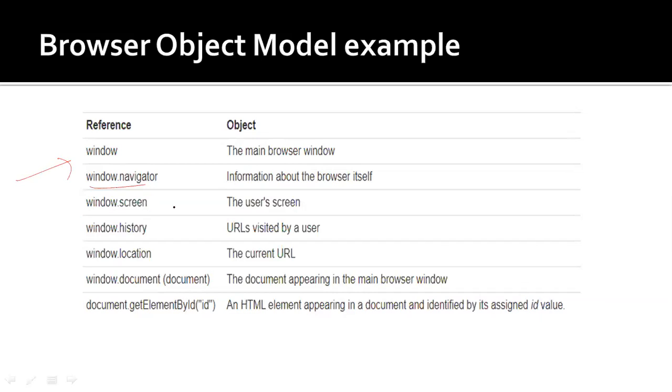Window.screen can be used to specify or manipulate the user's screen. Window.history is used to check the URLs visited by users. Window.location refers to the current URL. Similarly, you can see many examples of the browser object model also.